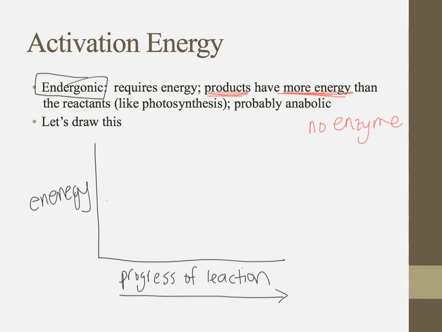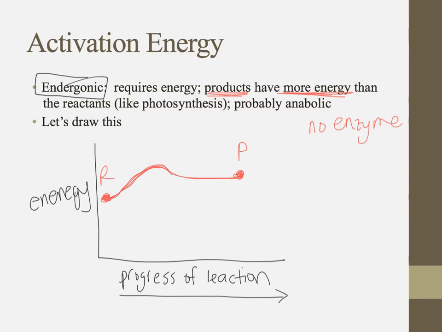So here are my reactants. I got to put in my activation energy, and then here are my products. So we have reactants, we have products. Here again is my activation energy, but overall my products have more energy than the reactants.